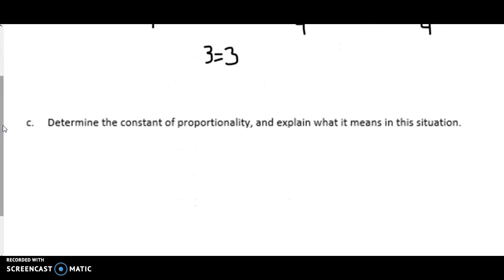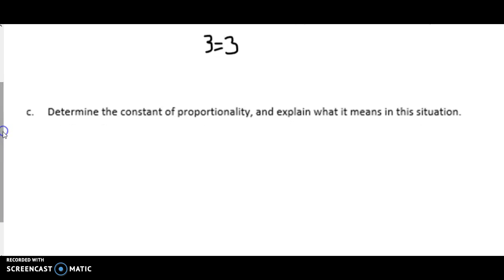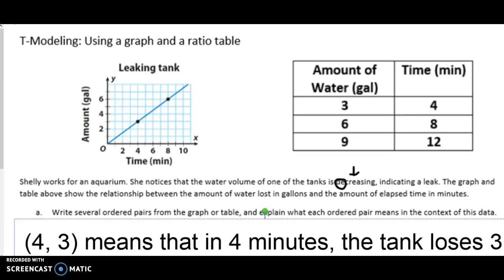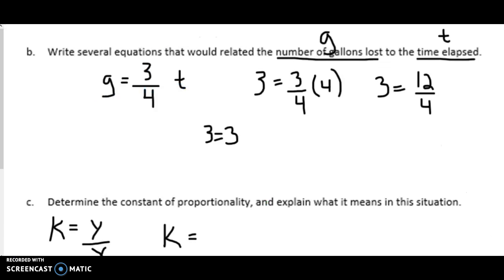C, determine the constant of proportionality and explain what it means in this situation. So I'm going to rewrite my equation. I know that K, my constant of proportionality, is going to equal my Y over my X. And I know that my first ordered pair that we wrote down, if I go back here to my ordered pair, my Y was 3, my X was 4.